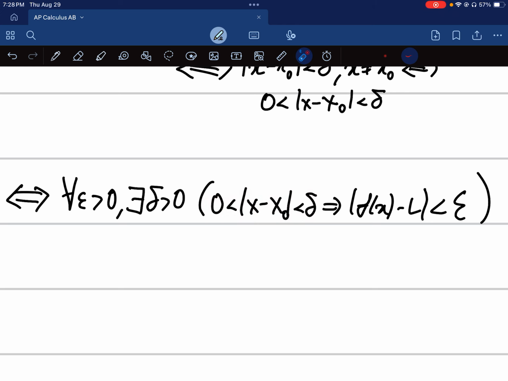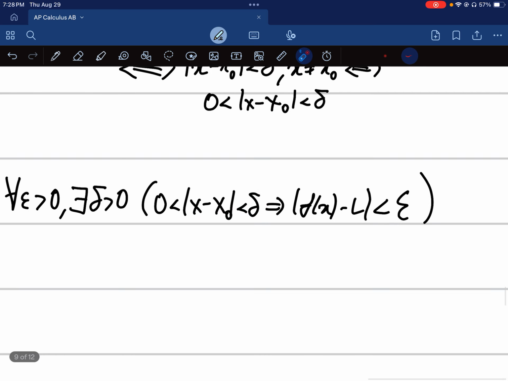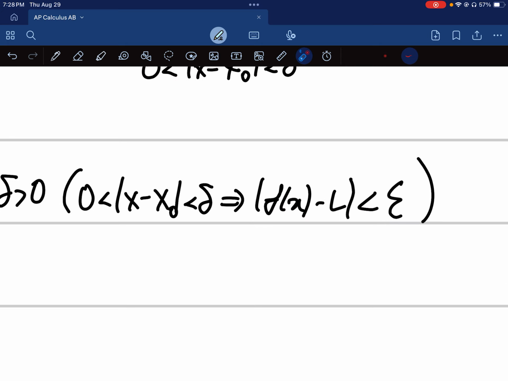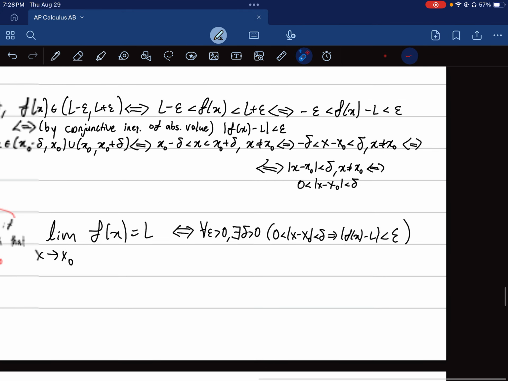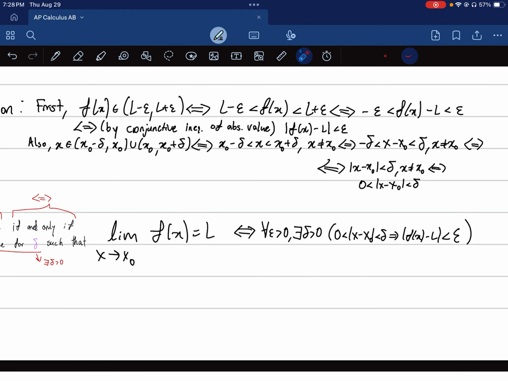The absolute value is a distance function. So the distance between x and x naught is less than delta, which implies that the distance between f of x and L is less than epsilon, or the absolute value of f of x minus L is less than epsilon. And this is our complete definition of a limit.